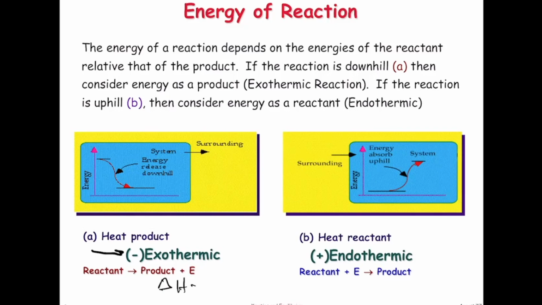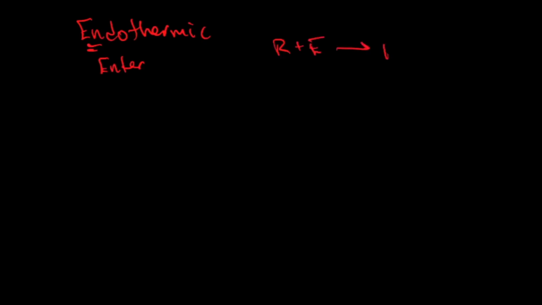So let me just kind of review that real quick because that's an important concept. So in one case, we have something called endothermic reaction. And you think of endo as enter. And so the reactant plus energy goes to product.